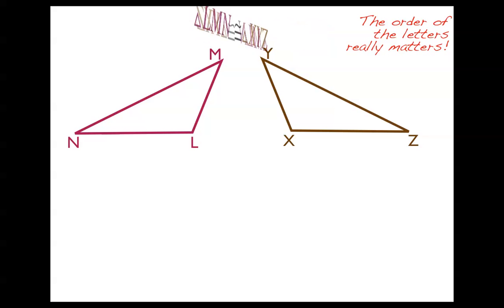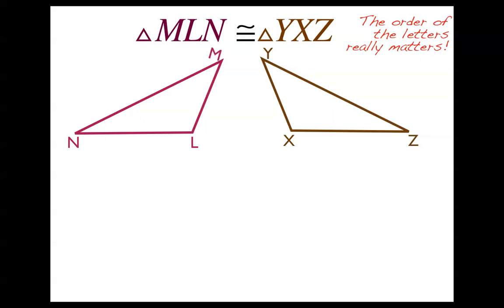But you could maybe say triangle MLN is congruent to triangle YXZ. Did you see how we followed the same pattern there? Yeah, as long as you get the order matching, just like the figures are matching, then your congruent statement is going to be perfect.